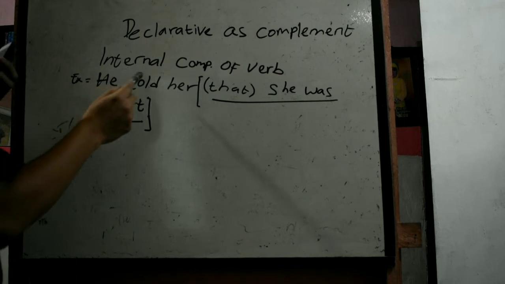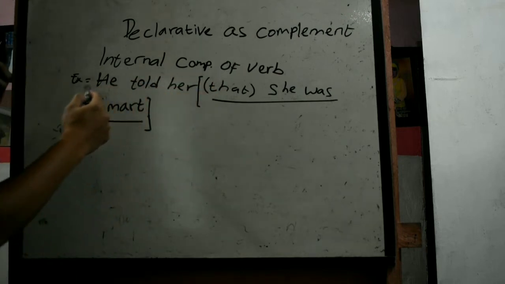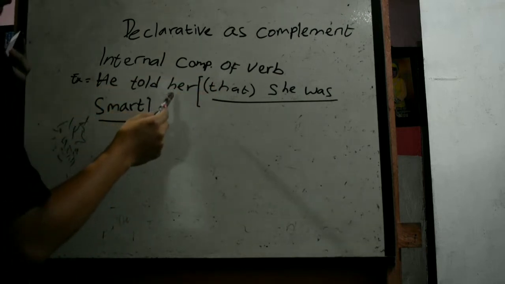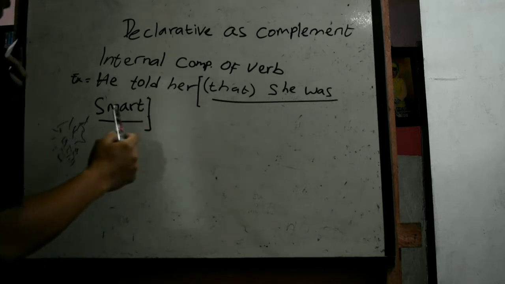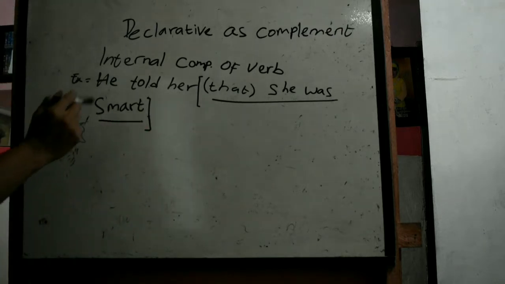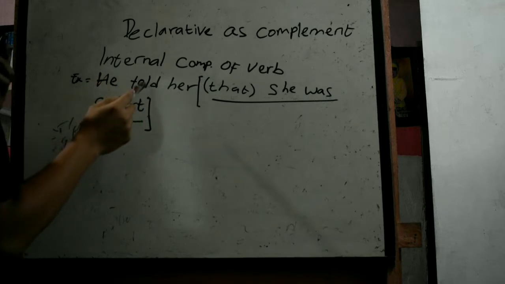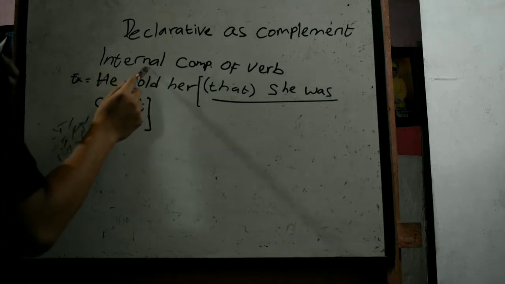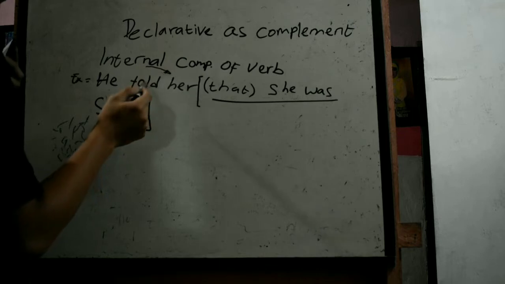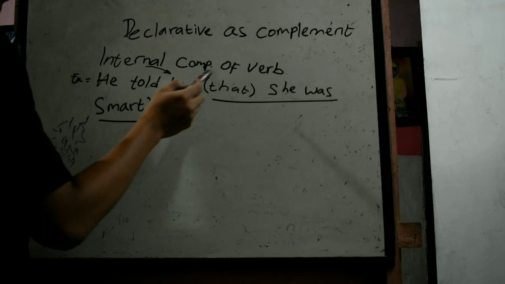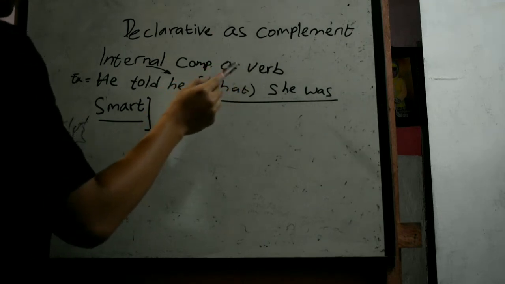Next, internal complement of verb. He told her that she was smart. Why does it say internal? Because internal refers to her, right? And then this is the complement of verb.